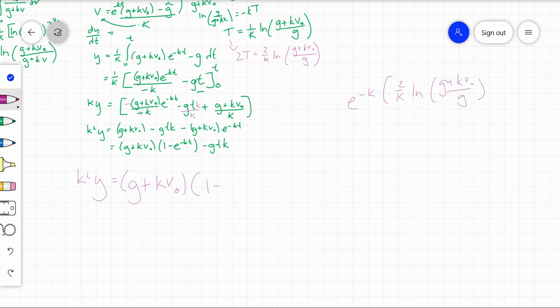So you can see here these k's will cancel, and if I put that 2 up to the power using log law, and actually make it a minus 2, then I've got exponential and log, so they cancel, so I've just got (g + kv0) on g squared for that part.